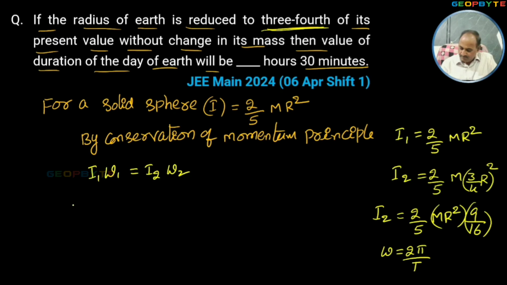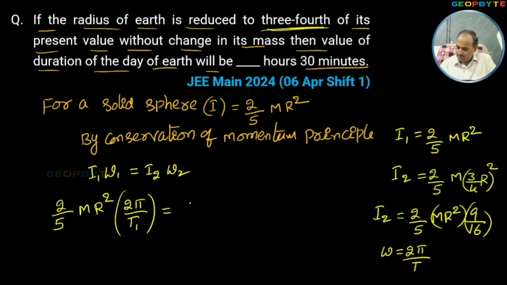Then I1 equals what? 2 by 5 m r square into 2 pi by T1. This T1 is 24 hours with the original radius. I2 equals 2 by 5 m r square into 9 by 16, into omega 2 equals 2 pi by T2.